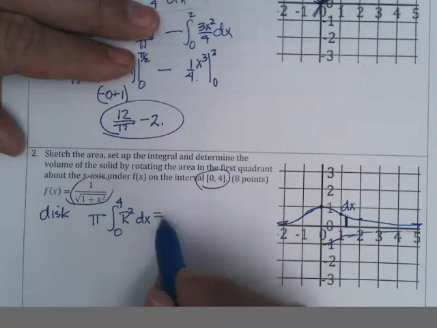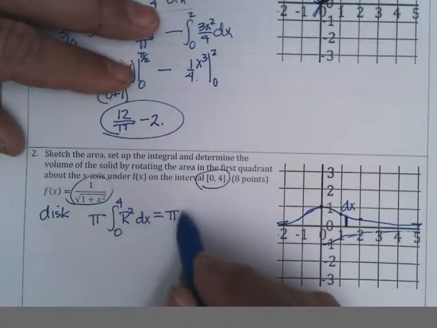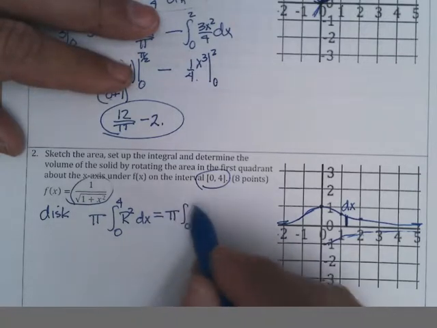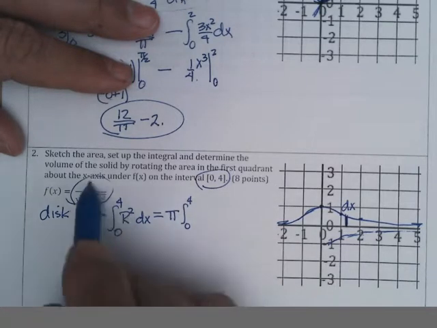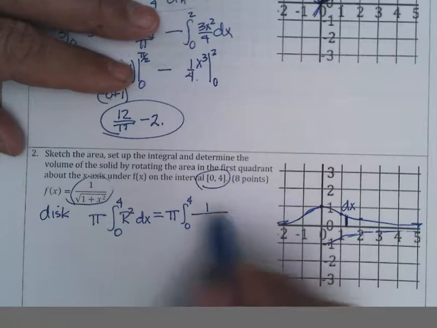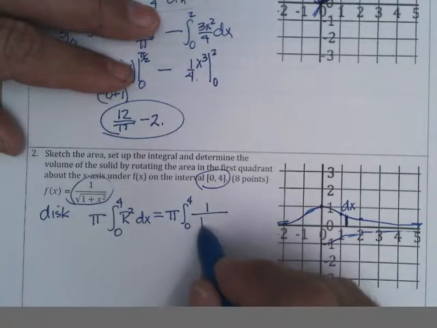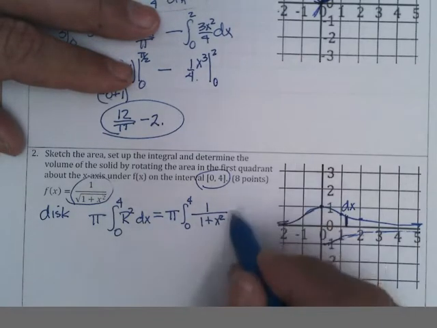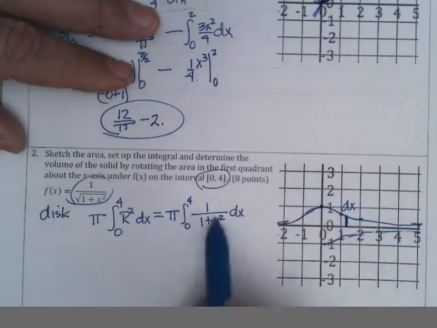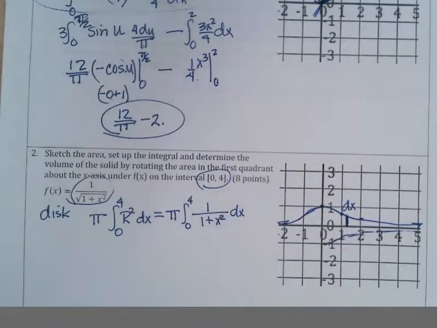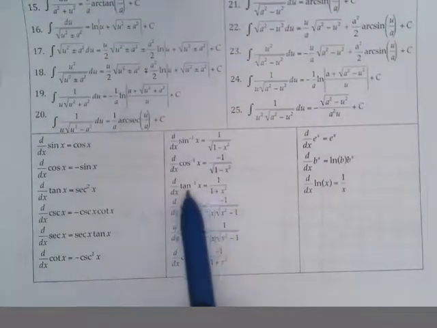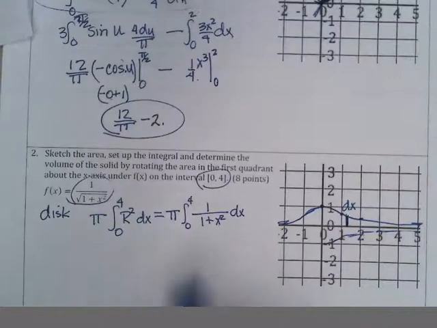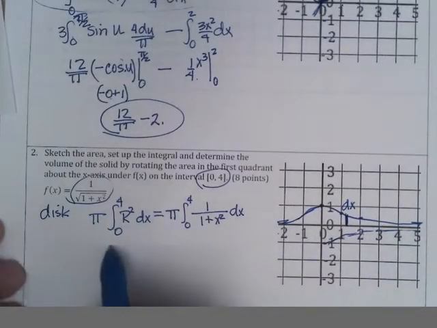So it's going to be pi integral from 0 to 4 of 1 over the square root of this squared. So 1 squared is 1. The square root of that squared is 1 plus x squared dx. The antiderivative of that is arc tangent of x, or tangent inverse of x, whichever way.